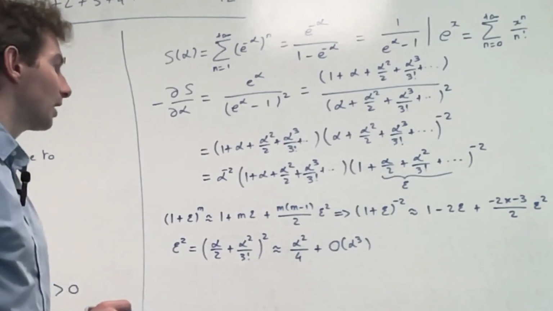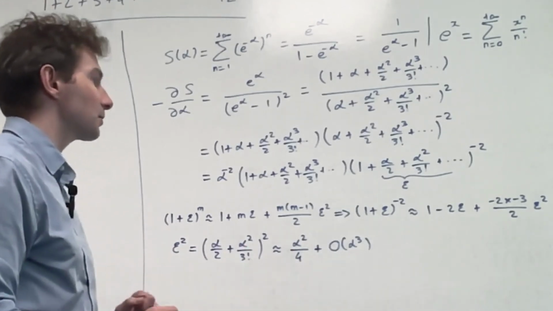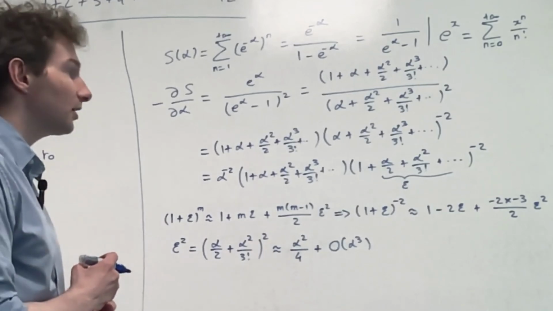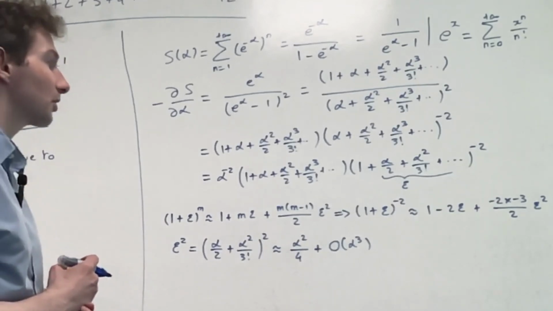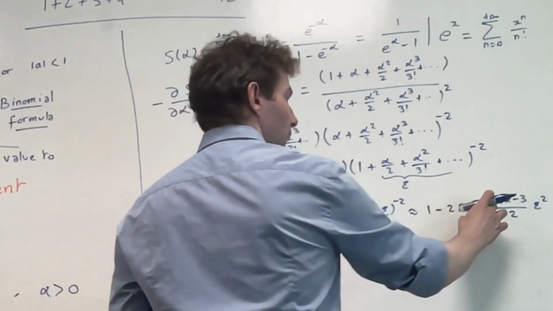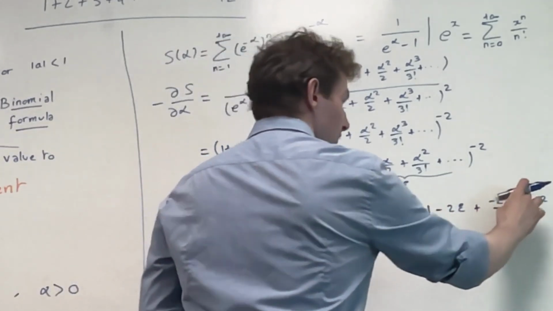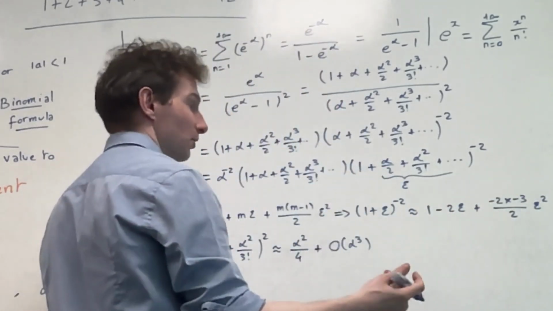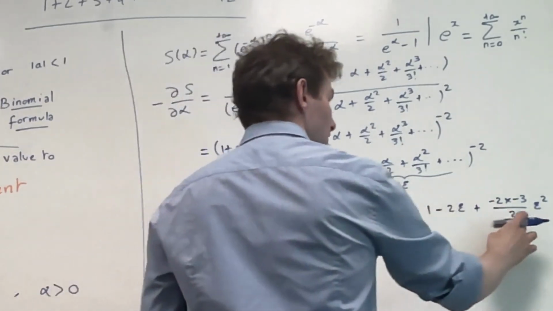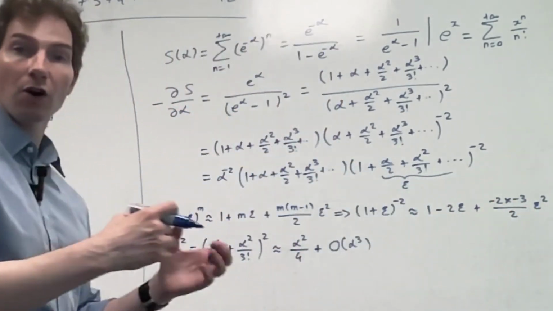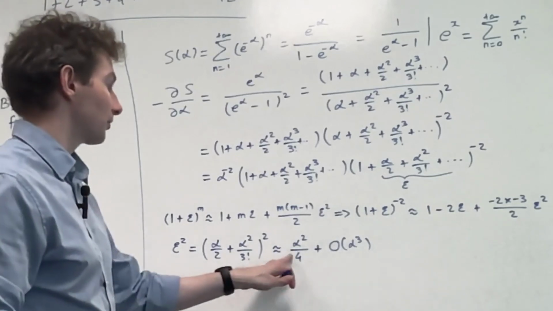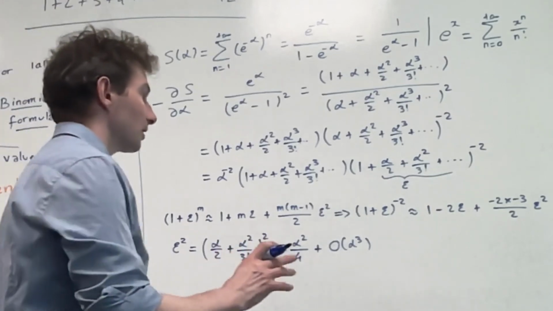Okay? It's just so that I don't have to carry out these things that I know are not going to matter. So now I've got this particular expression, and I need to be careful here, because I'm going to have a minus 2 times minus 3 divided by 2, so it's basically 3. So this term is going to be 3 over 4 times alpha squared. Okay?